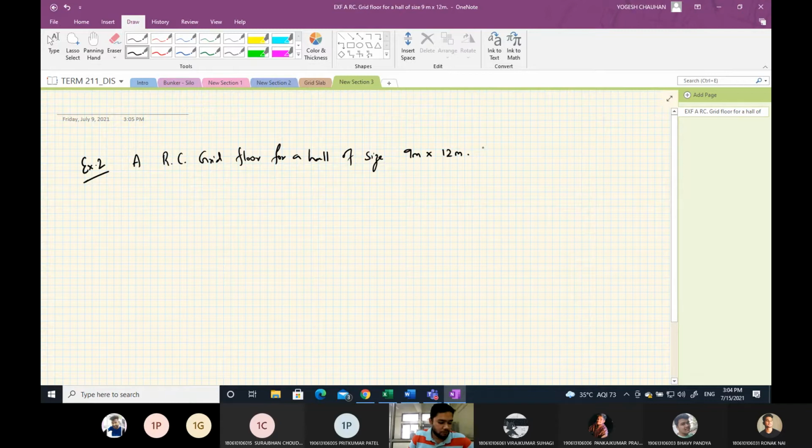The ribs are spaced 1.5 meter center to center in mutually perpendicular direction.